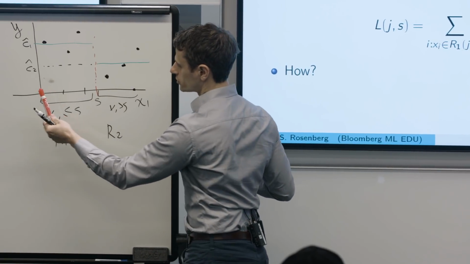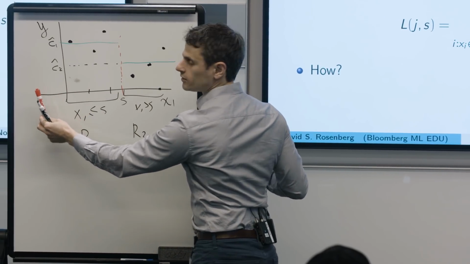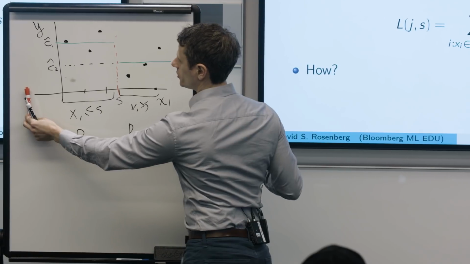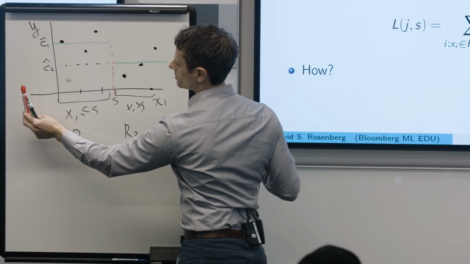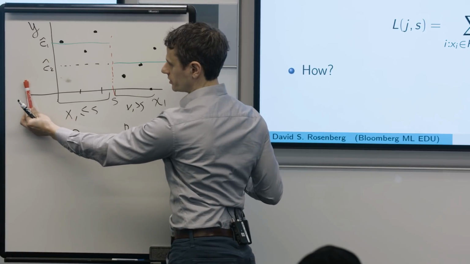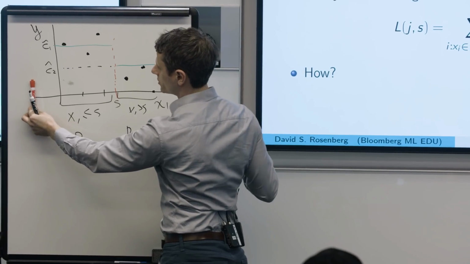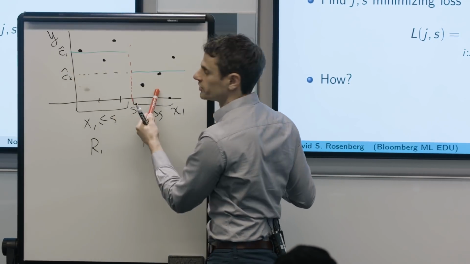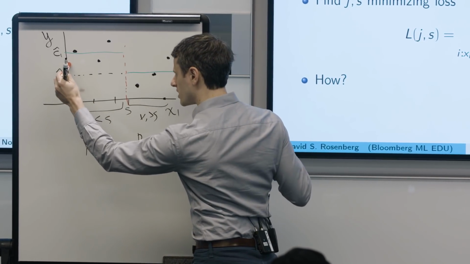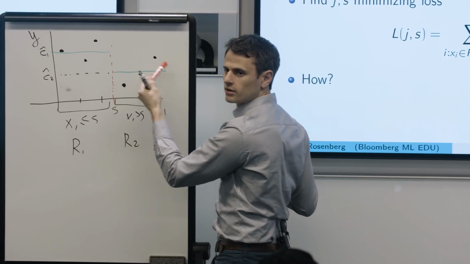So think about what the function would look like as we change the split point, moving over. If the split point is here, what does our prediction function look like? Our prediction function is who knows to the left of this point, but to the right, it's the average of all these points, so it's just constant over this entire region.